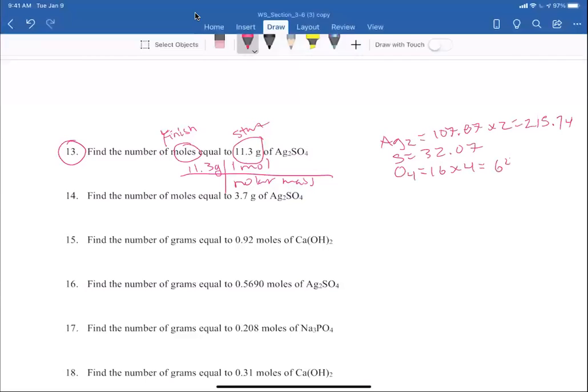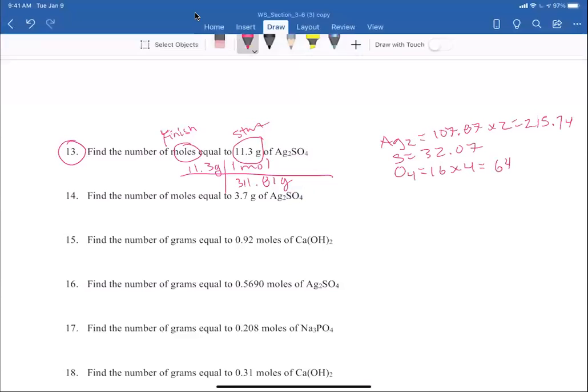Yep. So we're going to do 64 plus 32.07 plus 215.74. We get 311.81. And that's in grams.